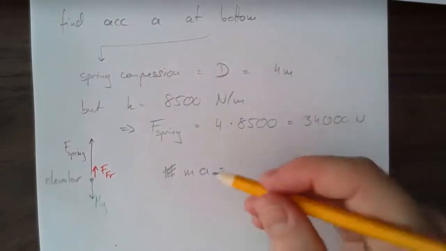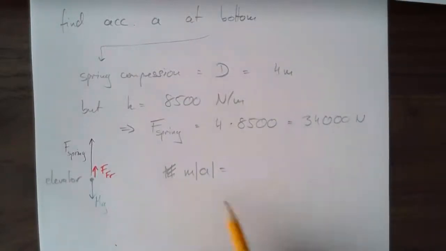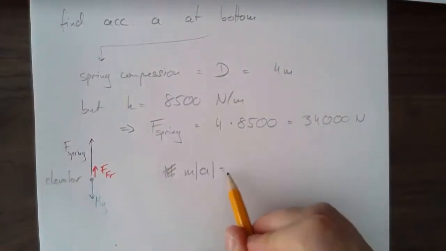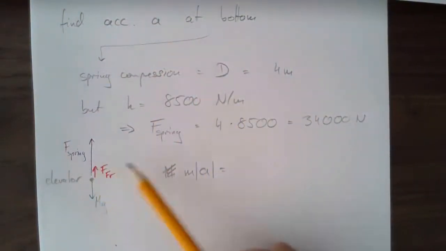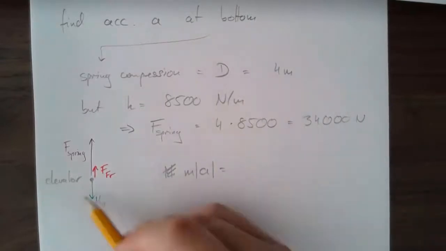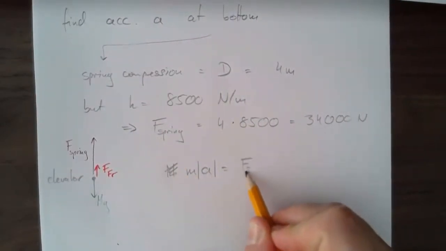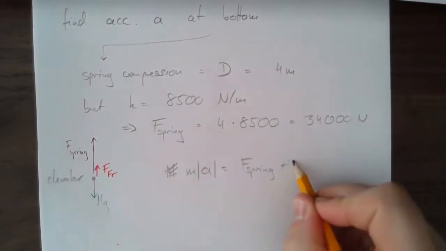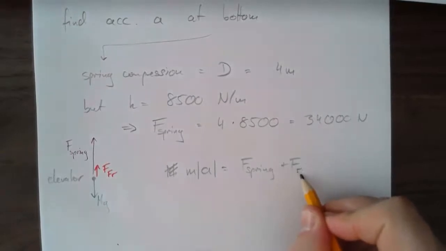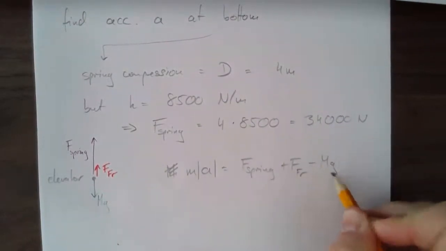So the magnitude of the acceleration, the absolute value of the acceleration, because I know really this ought to be negative, but I want to know what's the net force, how many newtons, not which direction. I know which direction, it's up. It's going to be the spring force, add the friction. They work together to slow down the elevator.